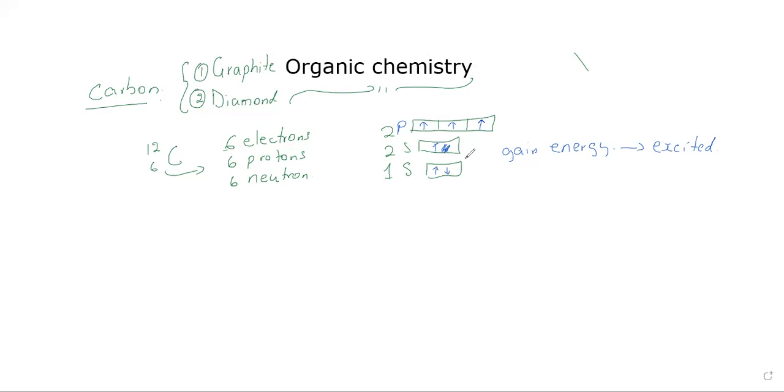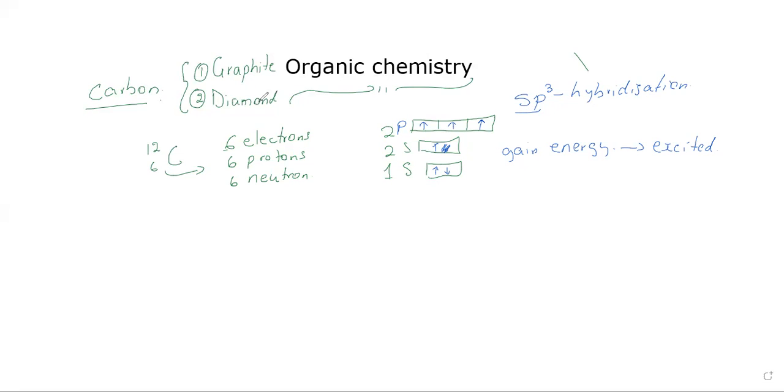Now, we had pure S here, P there. Now an S has gone to P, that constitutes sp3 hybridization. That's sp3 hybrid here, and that's where you find your diamond.